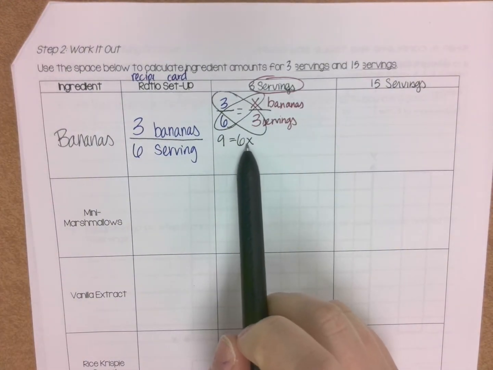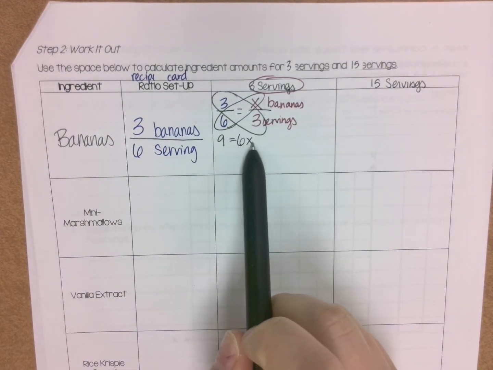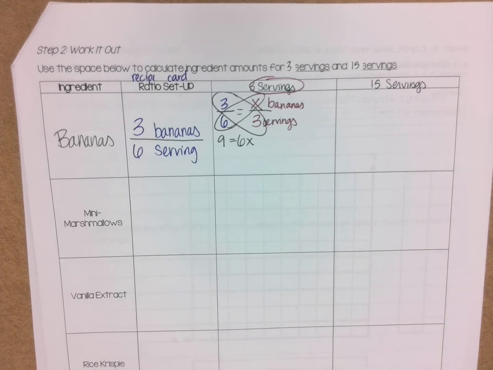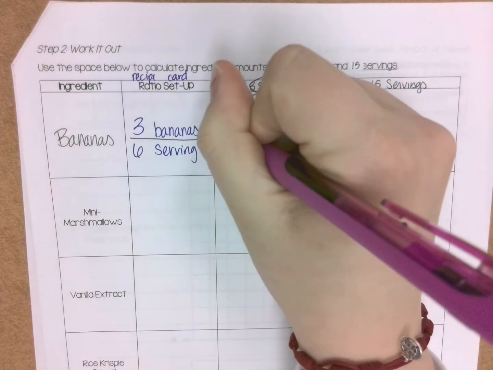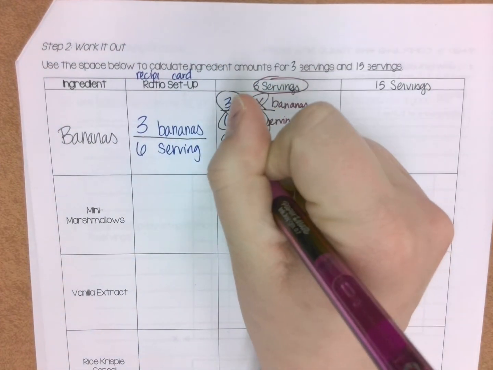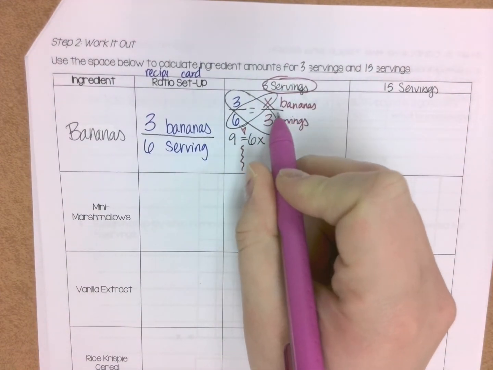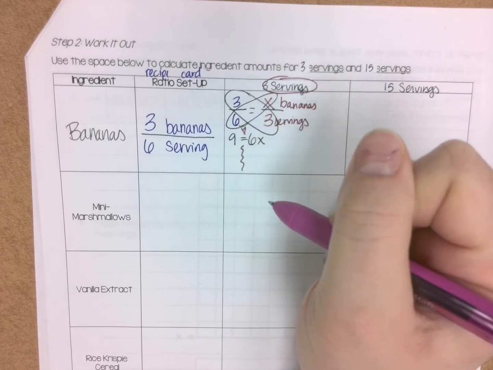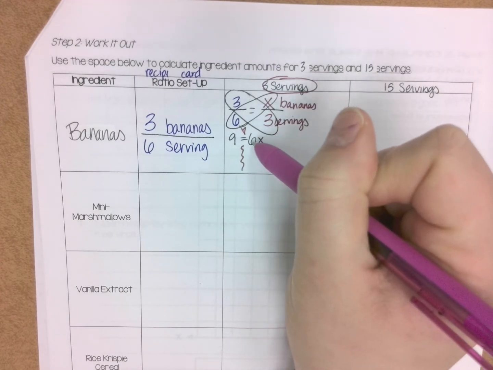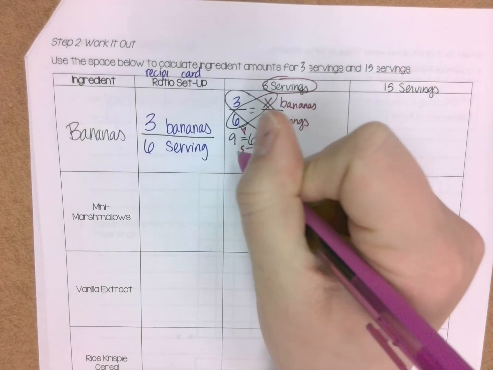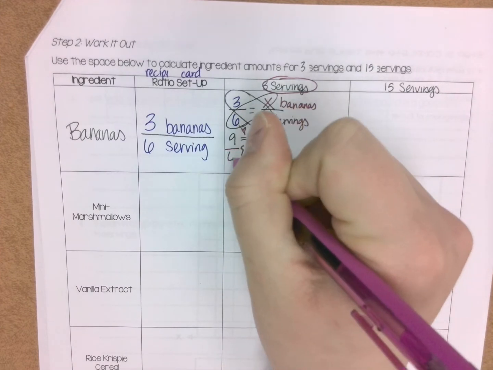I don't know what x is, so I can't multiply it out. So I just have to write 6 times x. Then I do my river of love to solve. To get x by itself, to figure out how many bananas I need, I do inverse operations. When they're side by side, that's multiplying. So I need to divide both sides by 6.